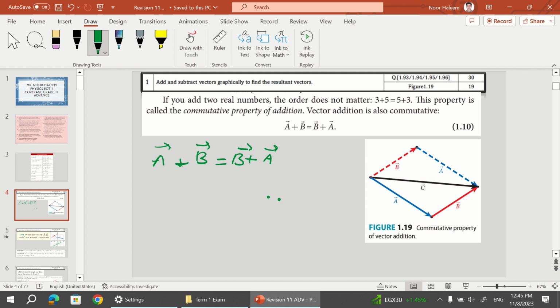For 3, 4, 5, 6, 7, 8 vectors, any of them you draw first, any of them second, any of them third, any of them fourth, the result will be the same. So simply we can say that A plus B is equal to B plus A. Clear? Any question?